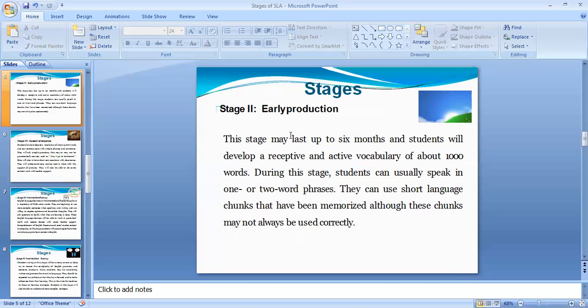They can give answers in short, in very simple sentences. For example, yes, no, thank you very much, how are you, like this. Here they can use the WH questions also in this period, early production stages.